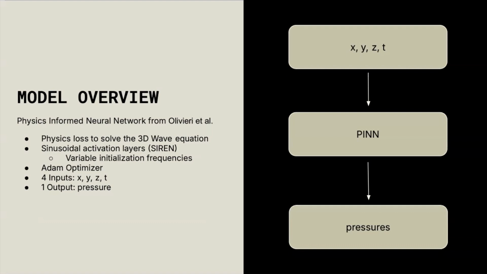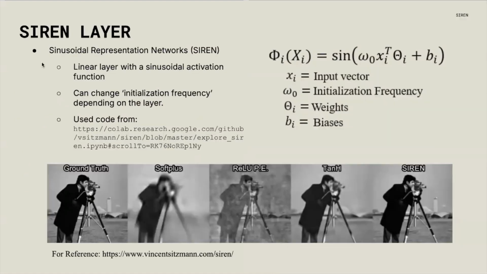It is a physics-informed neural network from Olivieri et al., and this model incorporates a 3D wave equation for the physics loss and a unique sinusoidal activation layer called siren, which has variable initialization frequencies. So just jumping into this, a siren layer stands for a sinusoidal representation network. It's a linear layer with a sinusoidal activation function that can be seen over here on the right, where your input vector and your weights and biases are all wrapped within a sine function.